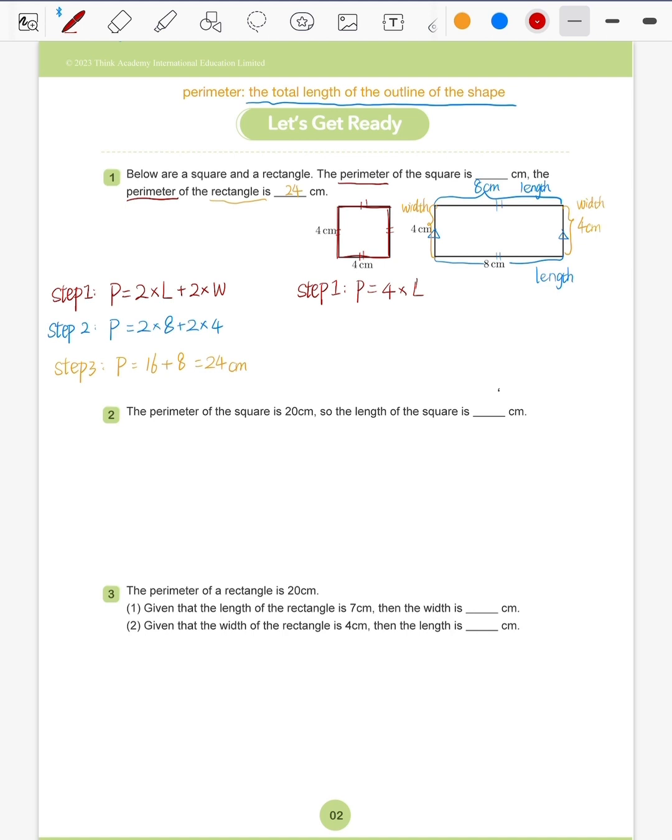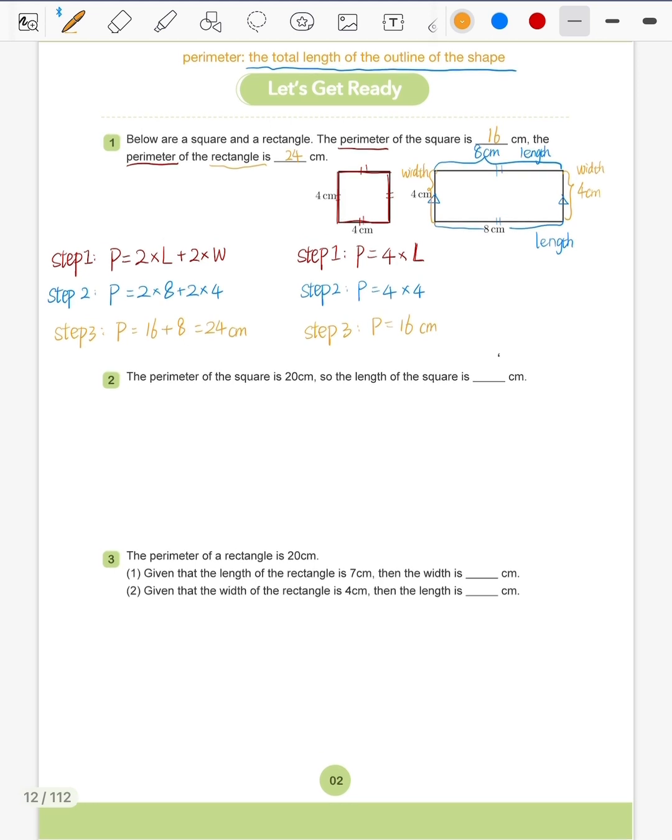I will use L to represent the length. Okay? And we can go to step 2. For this square, in this question, the known information is each length is 4 centimeters. So we can put the 4 in the formula. It will be 4 times 4. And then we can go to step 3 to calculate. 4 times 4 is very easy for you, right? It's 16 centimeters. So the perimeter of the square is 16 centimeters.